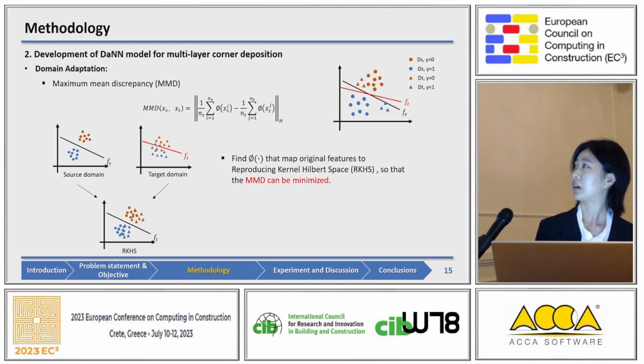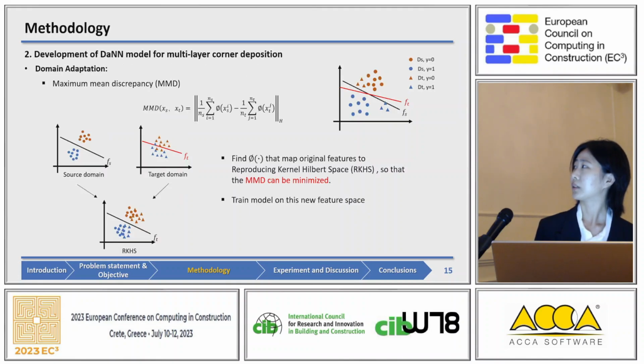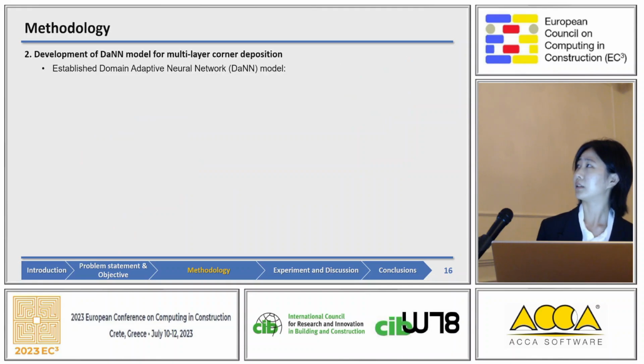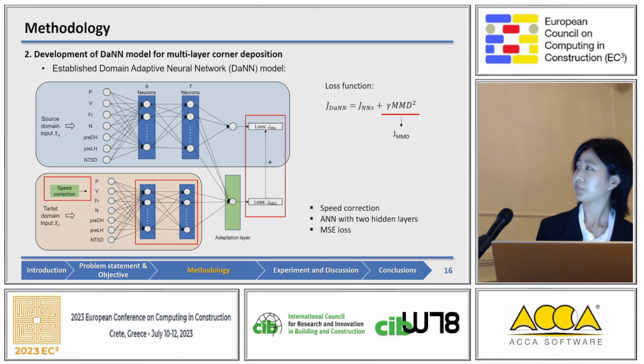We use the maximum mean discrepancy and train the model on the new feature space. And this is the established domain adaptive neural network model. We use the AM model from the straight line data and add the process parameter of the corner data.